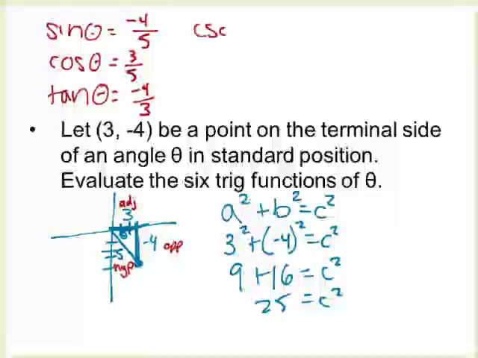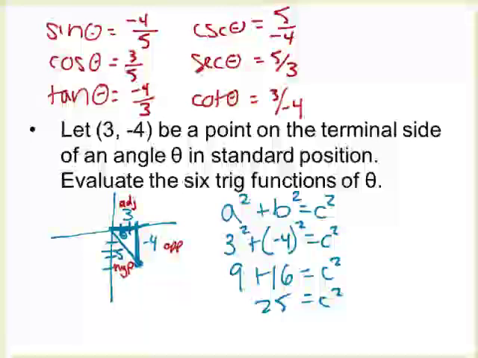Then we have 3 reciprocal functions, where we flip over the first 3. Sine flips to make cosecant, cosine flips to make secant, and tangent makes cotangent.